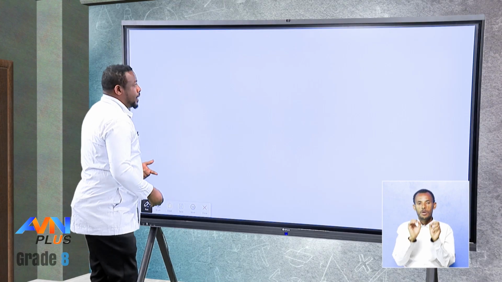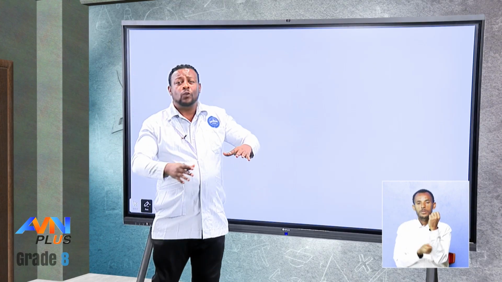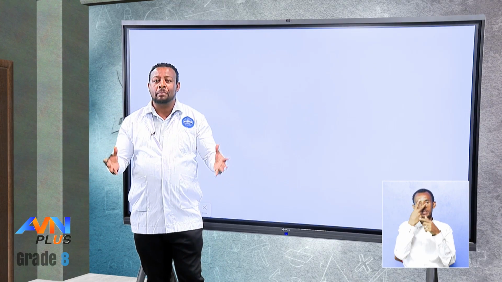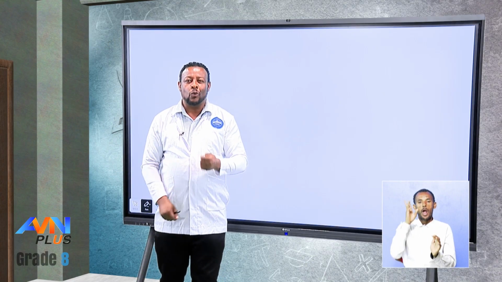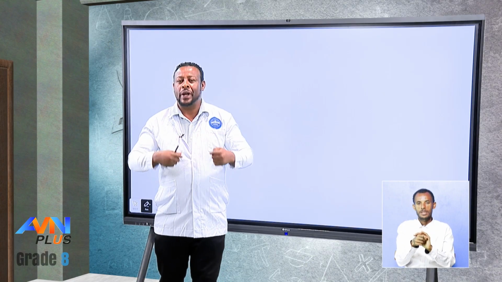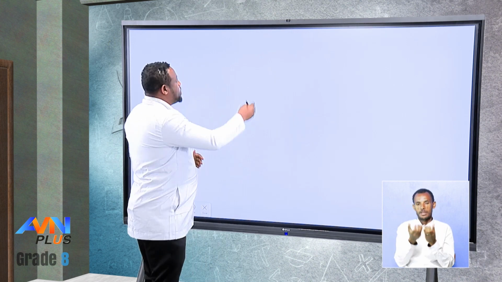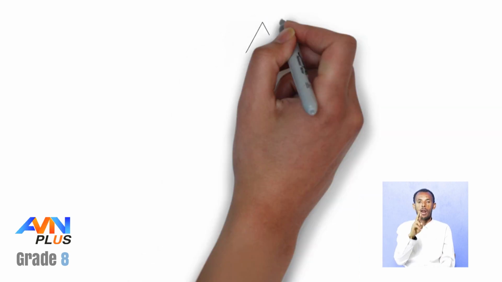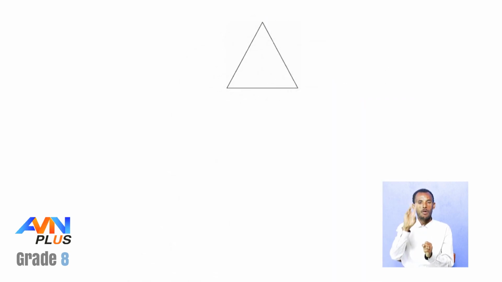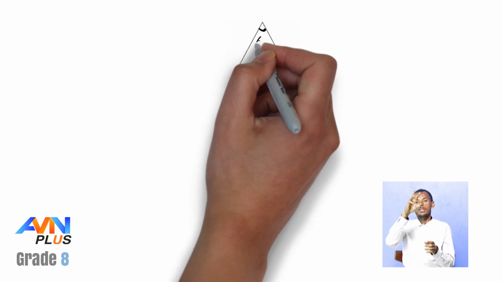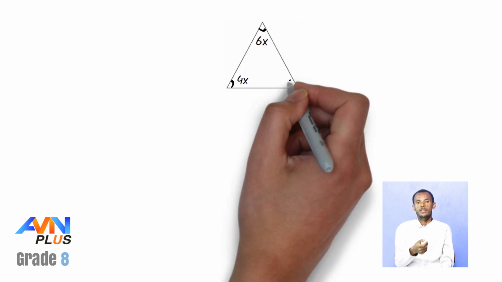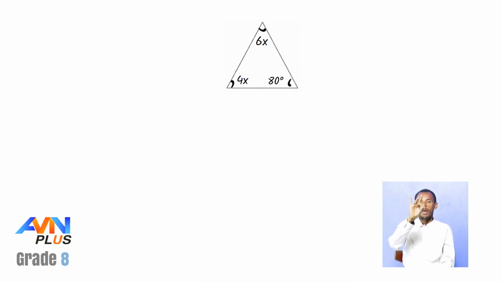All right. So based on this proof, we have seen different examples. I will give you one example just to refresh what we have seen in our previous lesson. For example, if you are asked to find the unknown variable x, where one of the angles is 4x, the other one is 6x, say the third one is 80, okay?